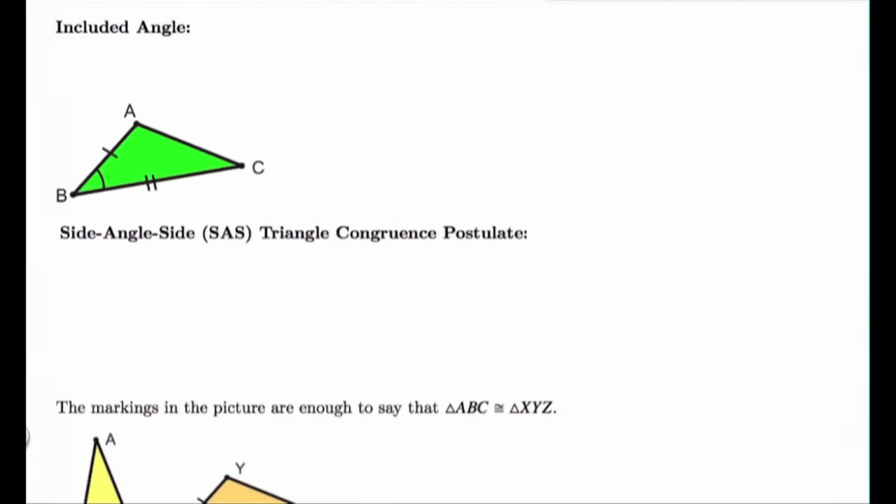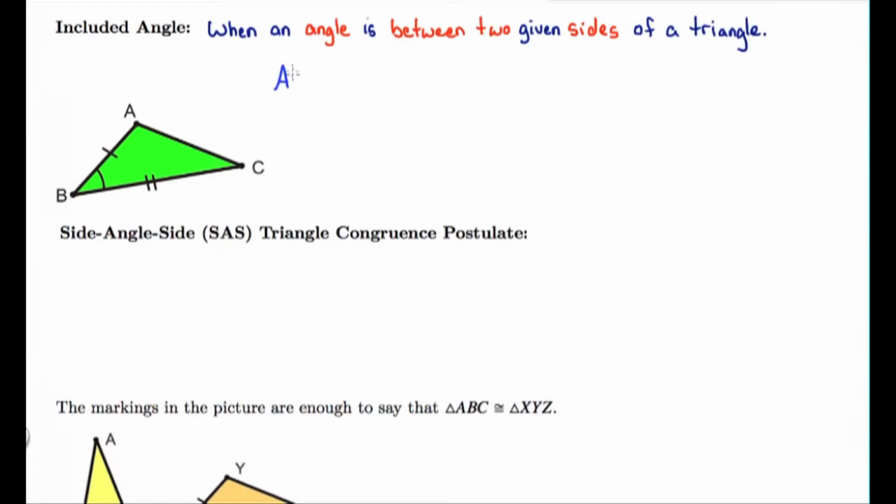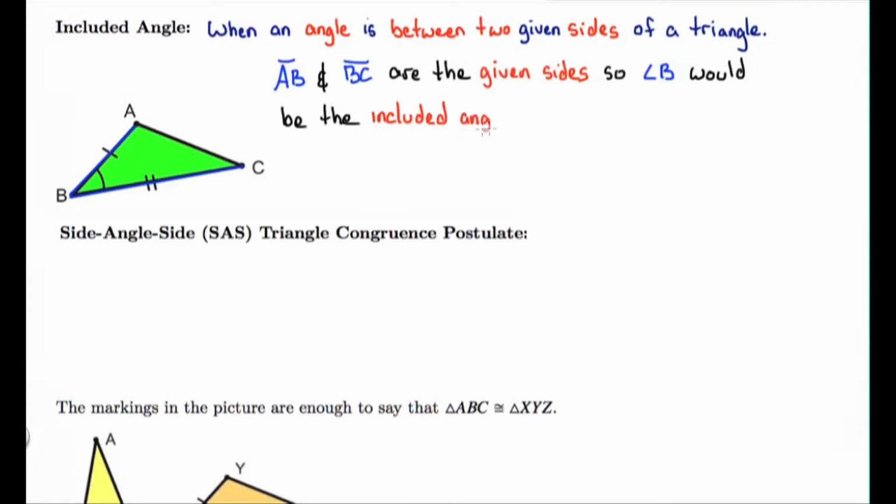Okay, the next term is included angle, which states when an angle is in between two given sides of a triangle. So we have a diagram here. We see that segment AB and segment BC are the given sides, so that angle B would be the included angle.